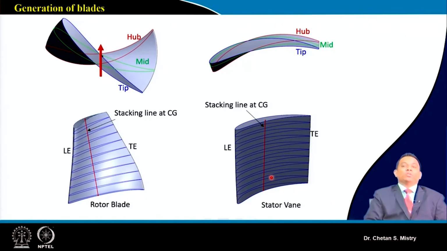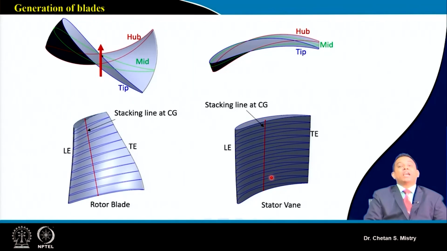Now let me tell you, there are different design criteria and different design aspects. Many times people do their initial calculation and initial design with stacking about the CG for the stator. Later on they realize this is not satisfying the performance they are expecting.